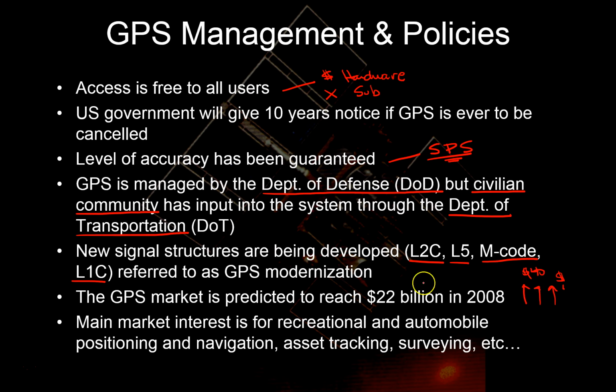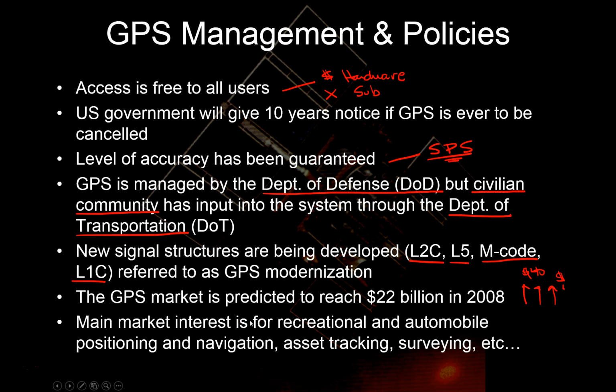So again, main market interests include recreation and automobile, positioning and navigation, asset tracking, financial assets, fleet assets. I know SAS power trucks are outfitted with GPS. I think there are lots of survey company trucks now outfitted with GPS just to track where your assets are, where your crews are, where your truck is. Did your truck get stolen? Well, where is it?